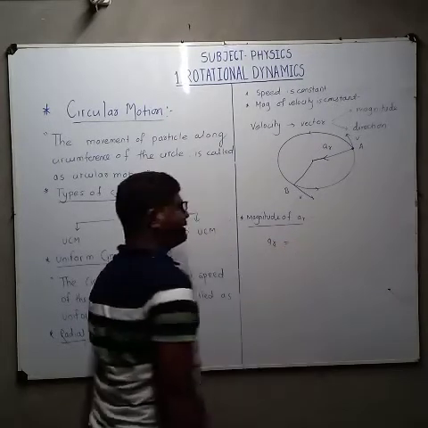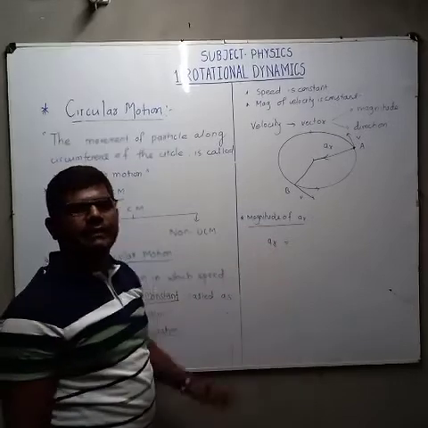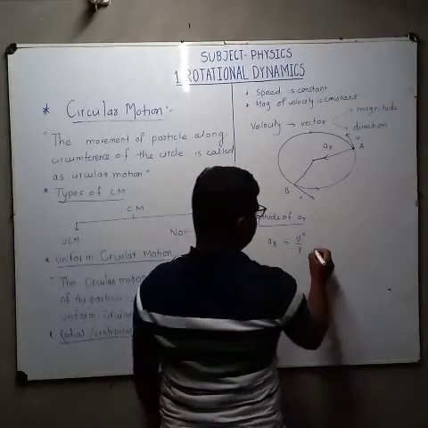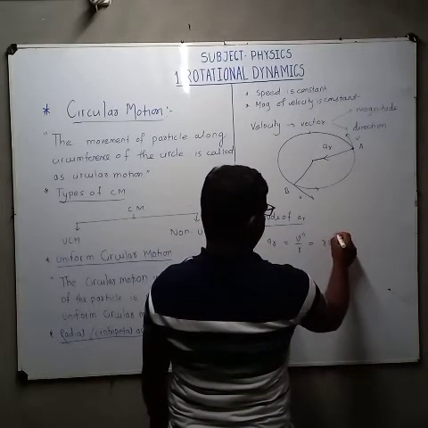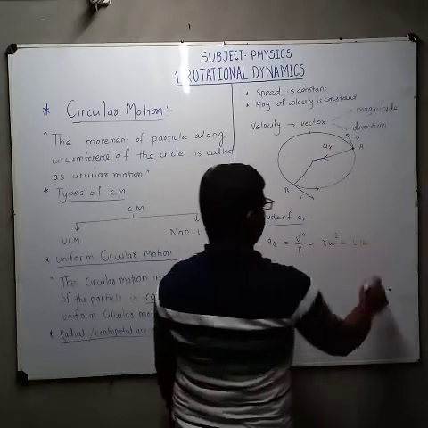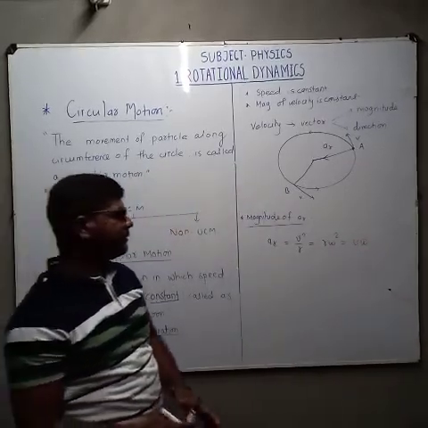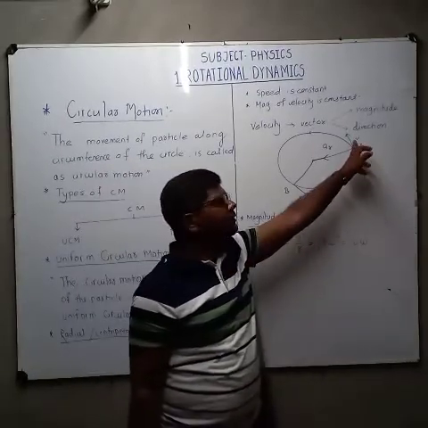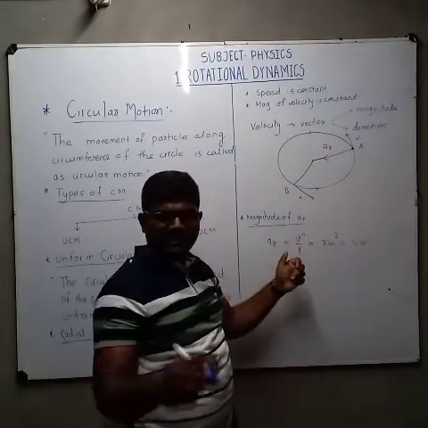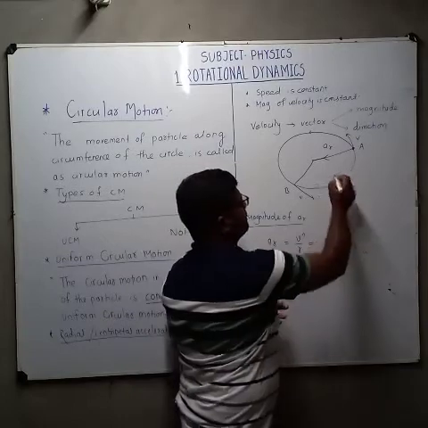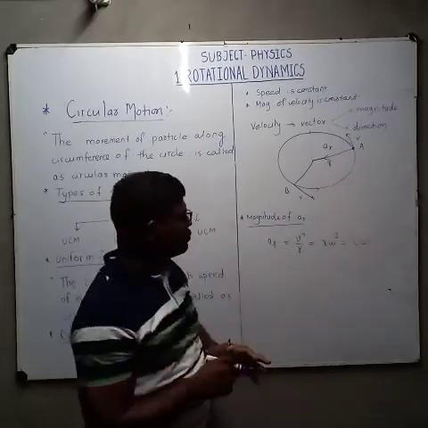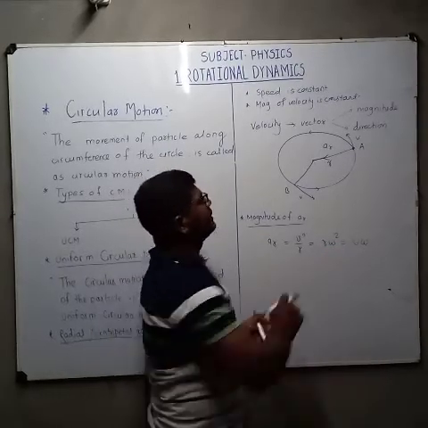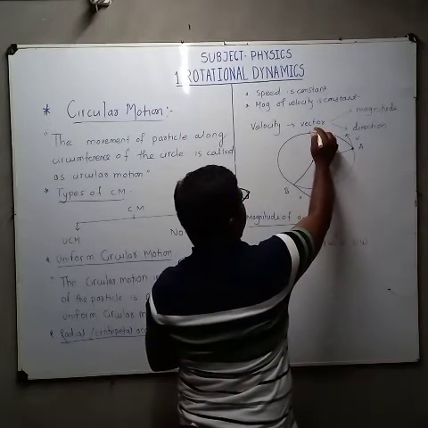Magnitude of radial acceleration is given by a_R equal to v square upon r, which is equal to r omega square, which is equal to v into omega, where v is the linear velocity of the particle performing circular motion, r is the radius of the circle, and omega is the angular velocity of the particle.